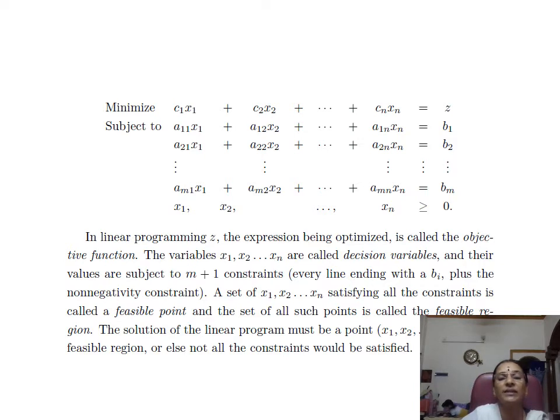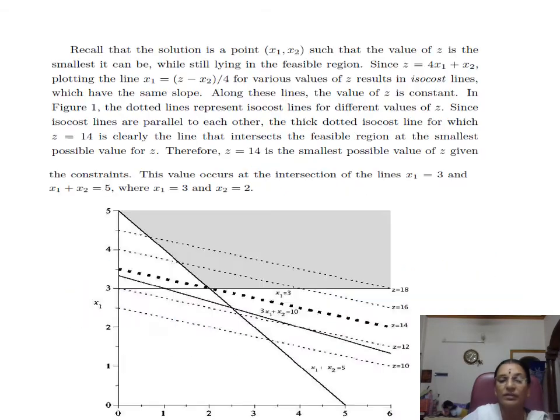The third one is variables. In every linear programming problem the variables are non-negative variables. If the linear programming problem has only two variables, we implement a graphical method. For example, using the x1, x2 values, we create a graph. On the x-axis we take the x1 values, on the y-axis we take the x2 values.